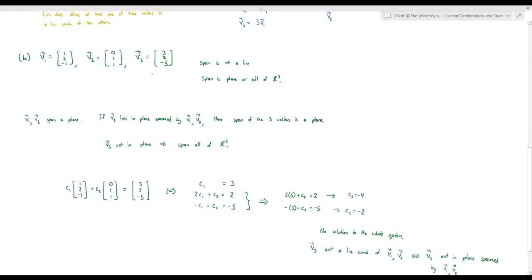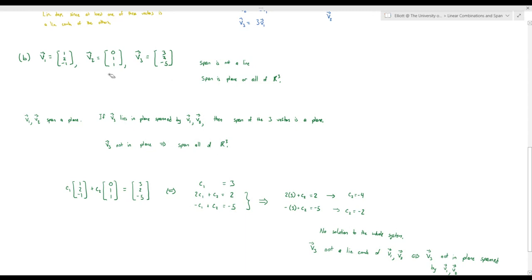We checked here that V3 is not a linear combination of V1 and V2. I didn't check the other possibilities, but for instance, V1 could not be a linear combination of V2 and V3. Otherwise, they would be coplanar, and that would contradict that they span all of R3.